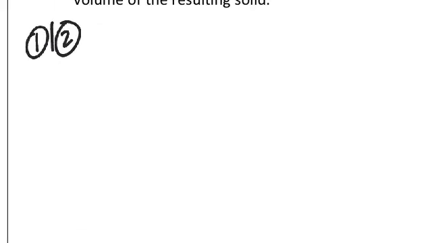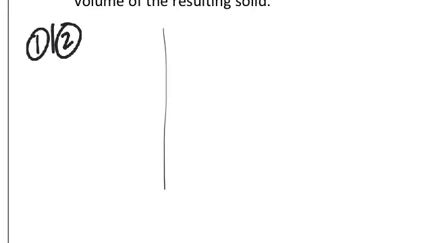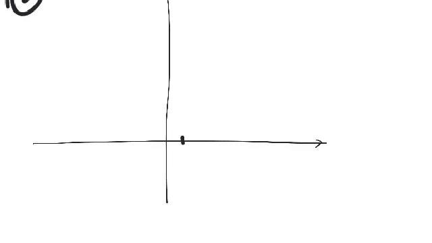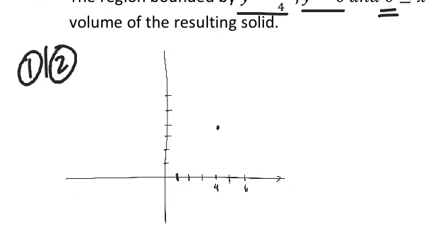We can draw our axes and think about this graph. This will be a parabola squished down. You can plot some points: when x is equal to 4, y equals x squared divided by 4, that's 16 divided by 4, or 4. When x is equal to 6, it's 36 divided by 4, or 9. That gives us a couple of convenient points on this graph.